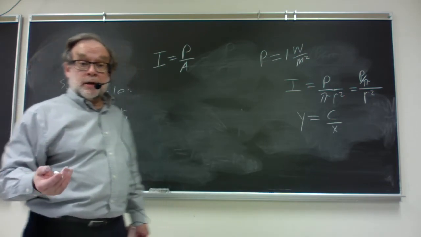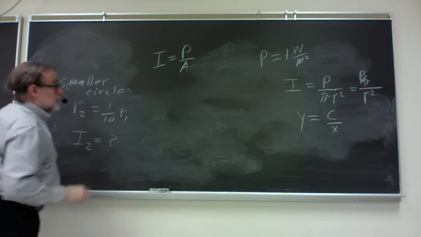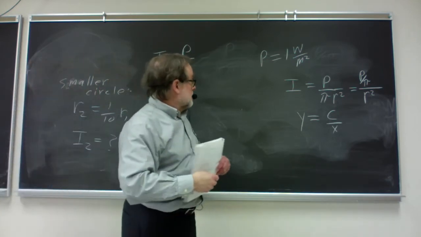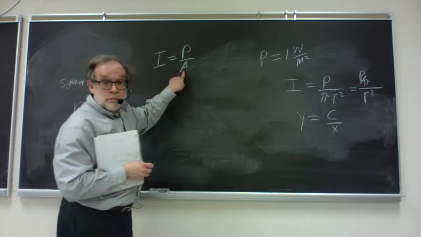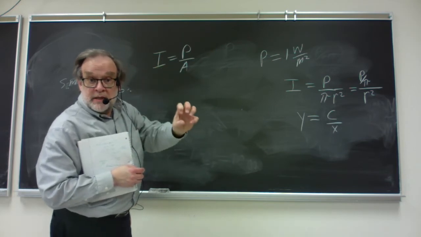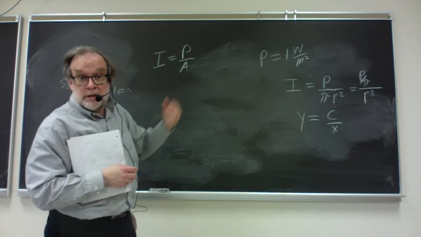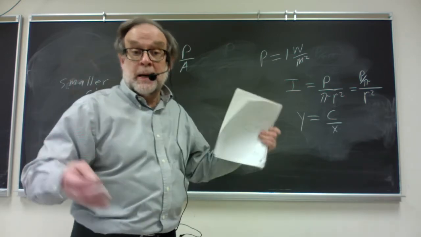What's the intensity now? It's going to be a bigger intensity because we've decreased the area. We're squeezing the same amount of energy, but now into a smaller area, so the intensity is higher. In other words, that spot will be brighter.